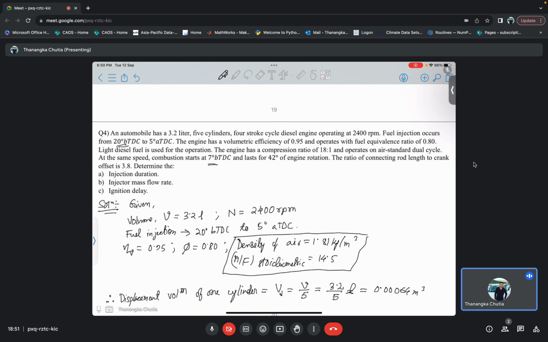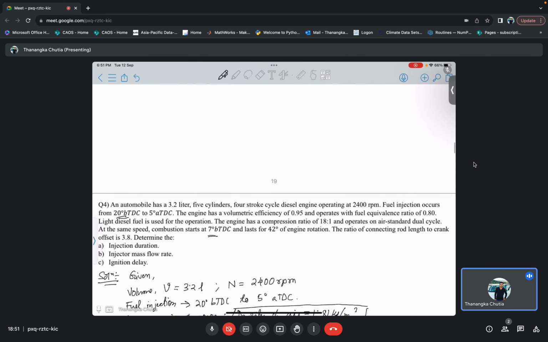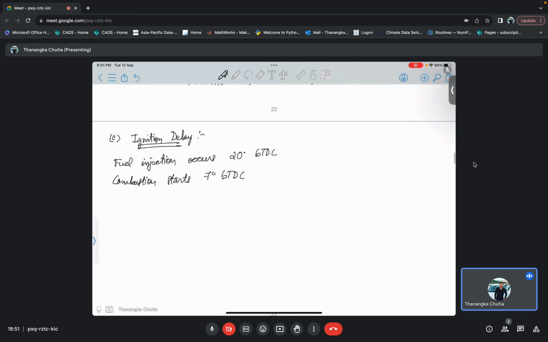So let me write once again. Fuel injection occurs 20 degree before TDC, but combustion starts 7 degree before TDC.